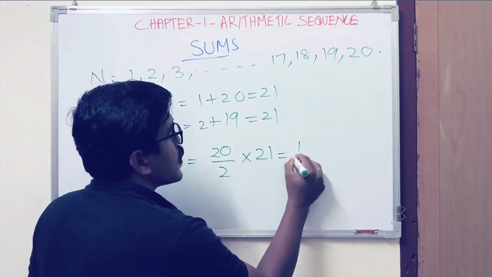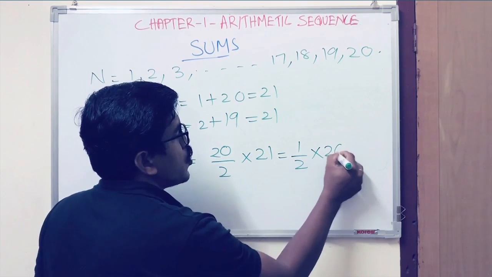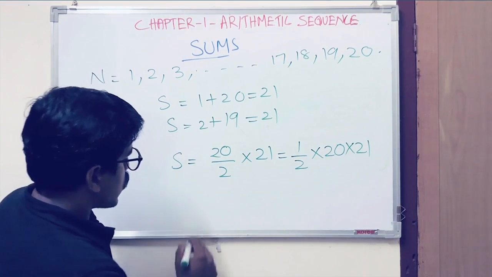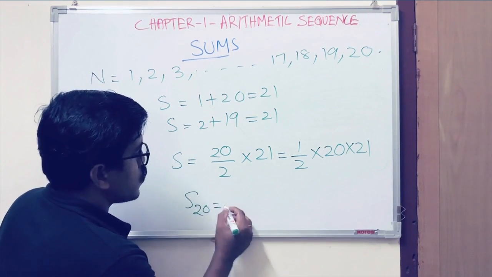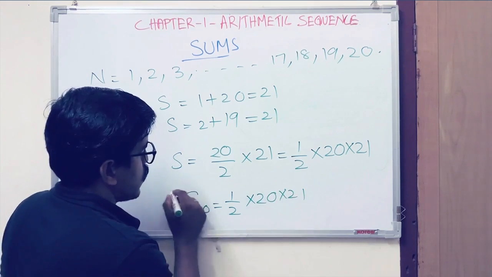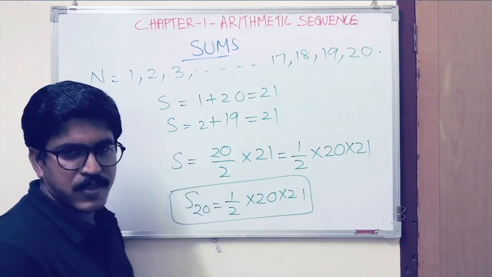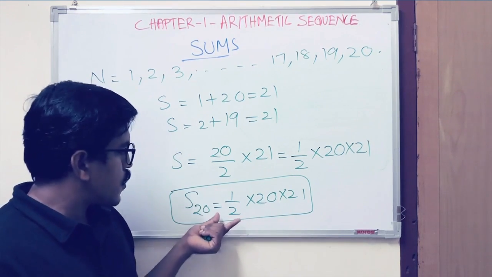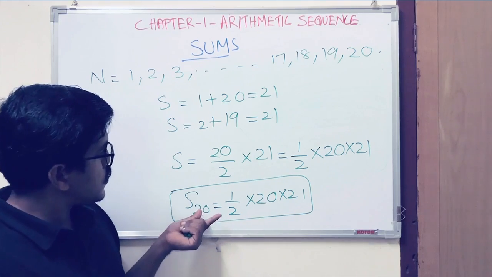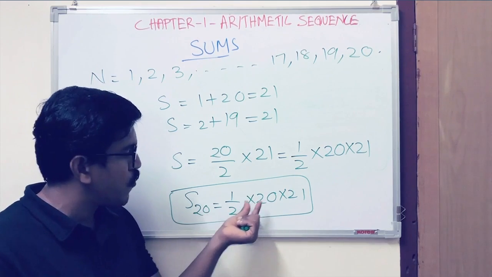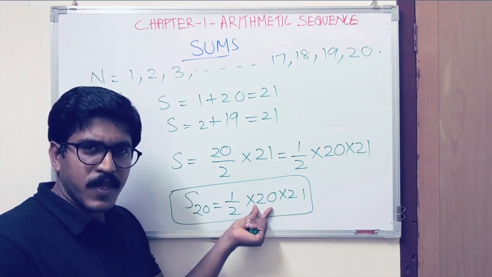That is, we can rewrite as 1 by 2 into 20 into 21. So S20 is equal to 1 by 2 into 20 into 21. Finally, we got it like this. We can solve it, but you can see here also we got the same thing: S20 is equal to the product of half of the 20th term and the next term.